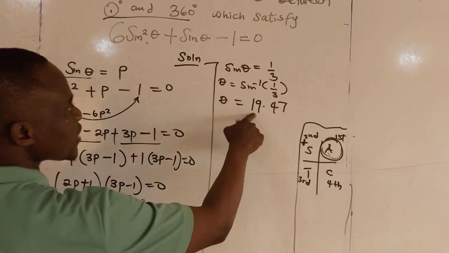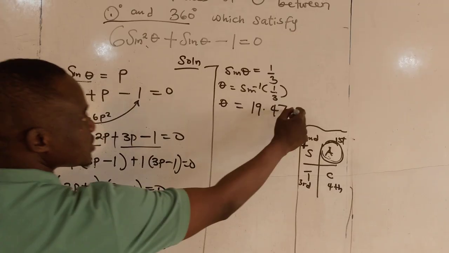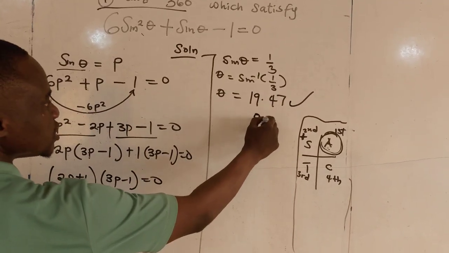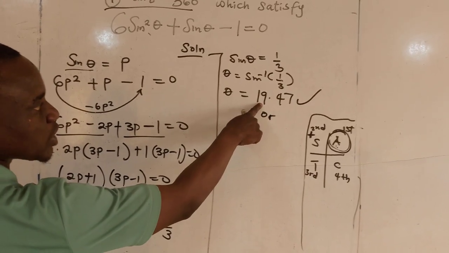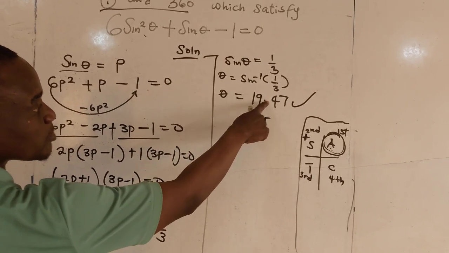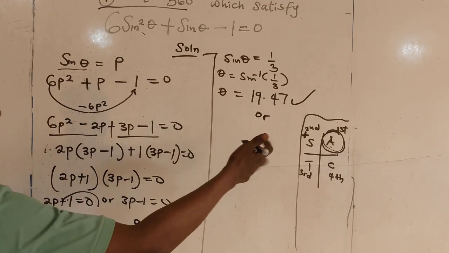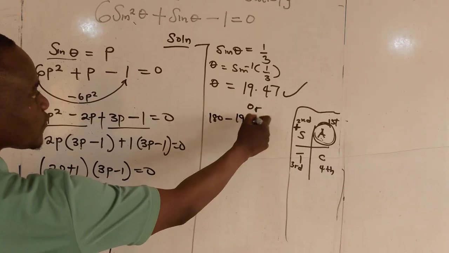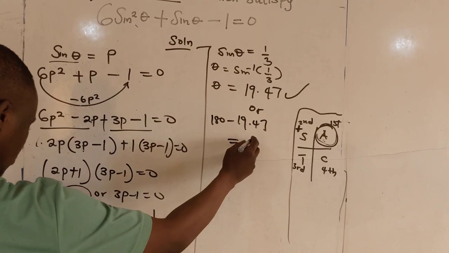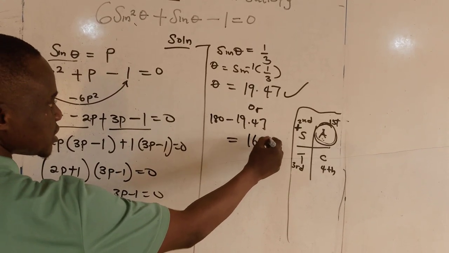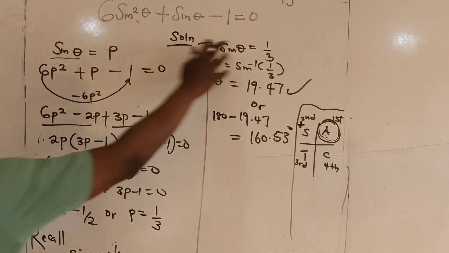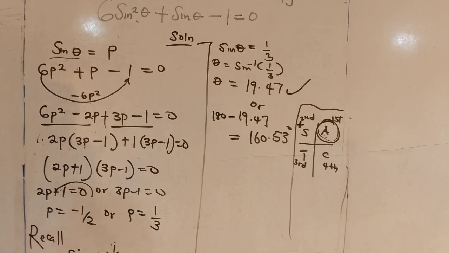So the first answer for this 1/3 is 19.47. Then the second answer is when you subtract 19.47 from 180. So 180 minus 19.47 gives us 160.53 degrees. That's for 1/3.